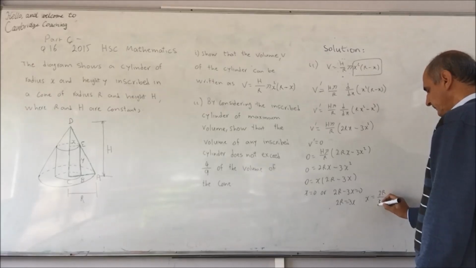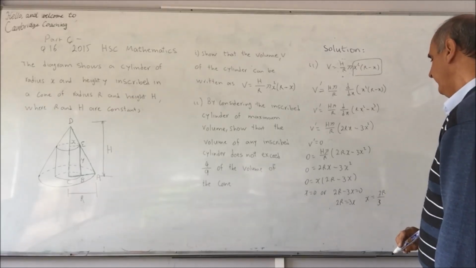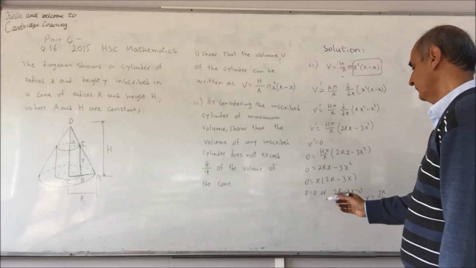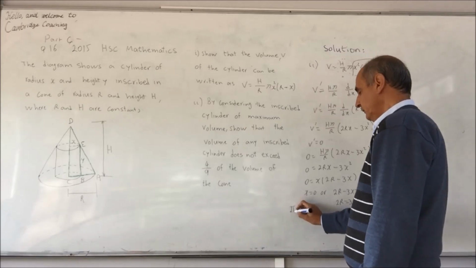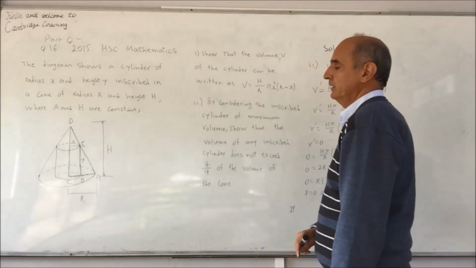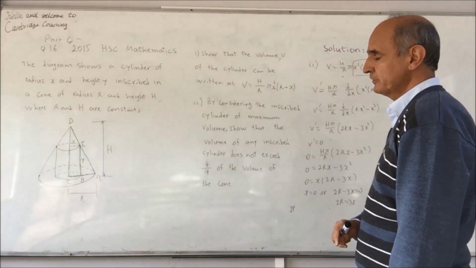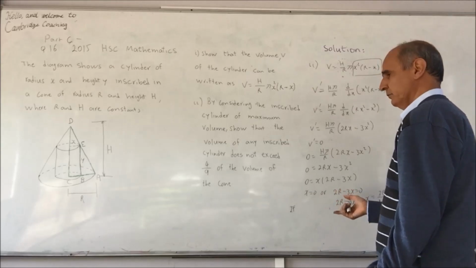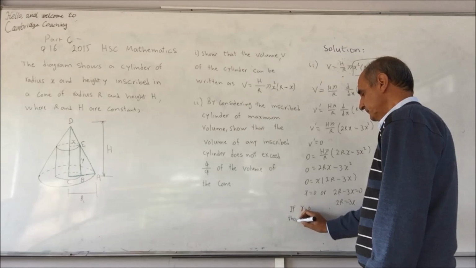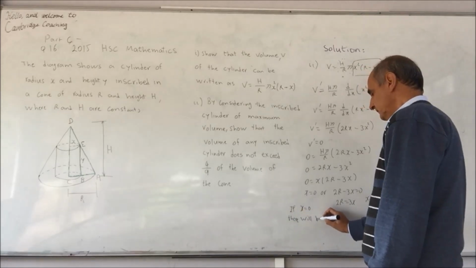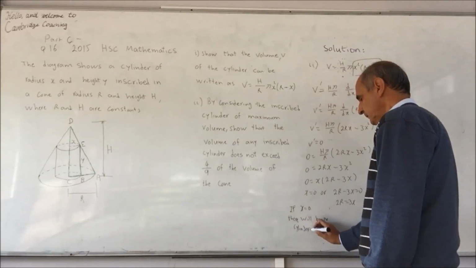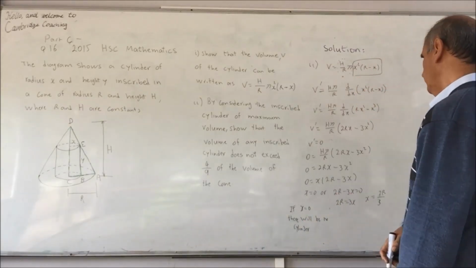Here we say that x equal to 0 has no meaning, because if x is equal to 0, you're saying that the radius of the cylinder is 0, so there will be no cylinder, and you're not going to have anything to discuss.